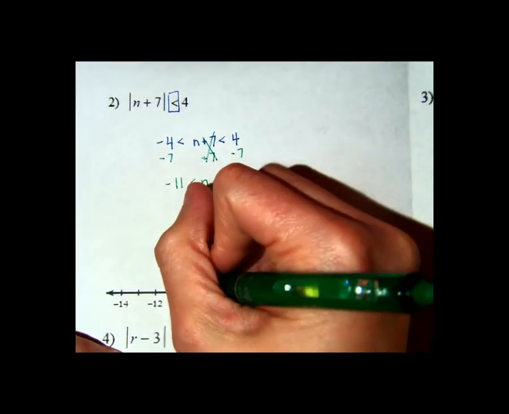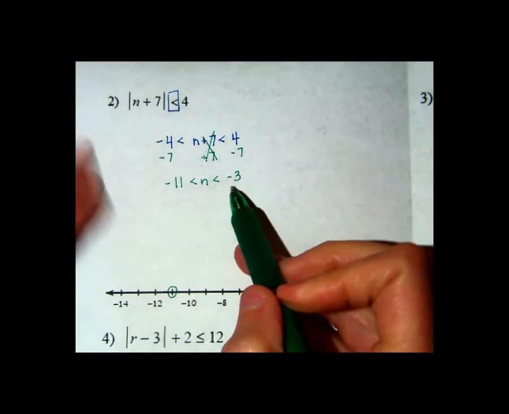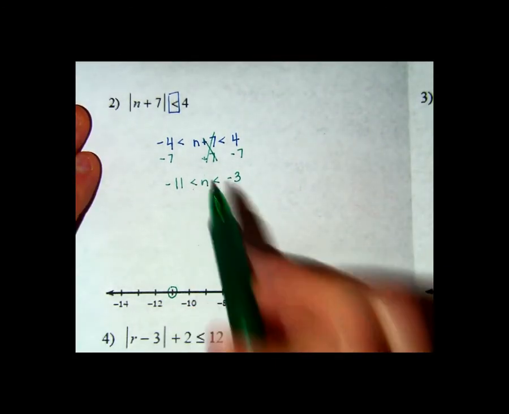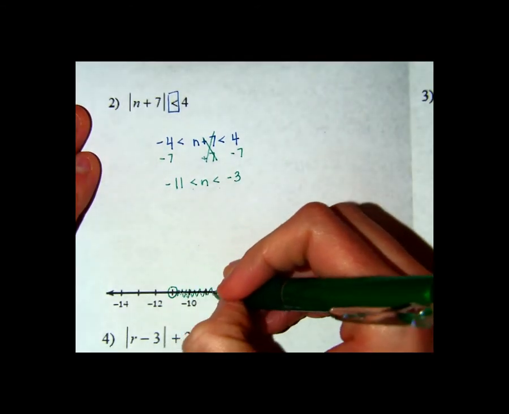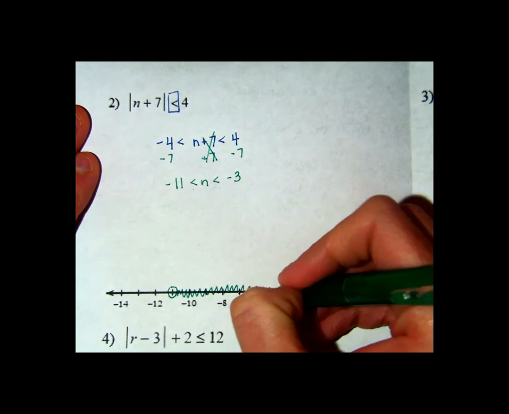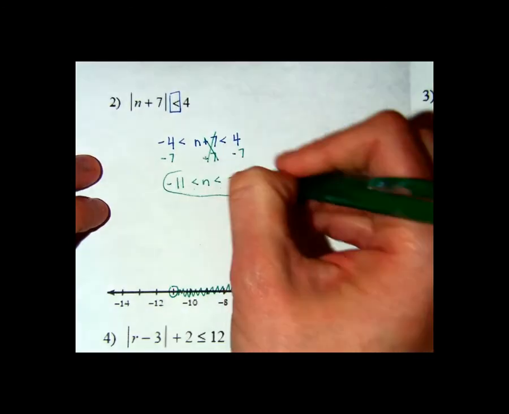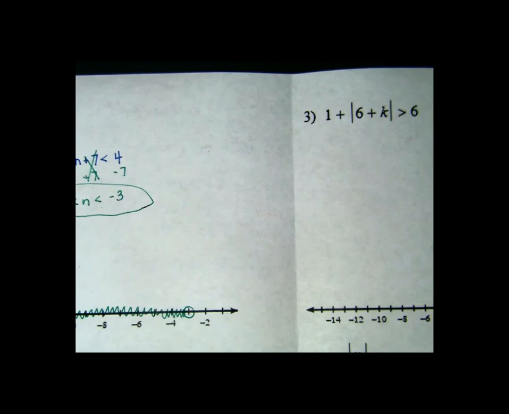So I'm going to circle negative 11, and I'm going to circle negative 3. Again, it is not closed circle, it's open because there's no or equal to. Then I'm going to shade in between. That one is complete. Remember, this is the answer, and we were supposed to graph the solution. Let's look at number 3.